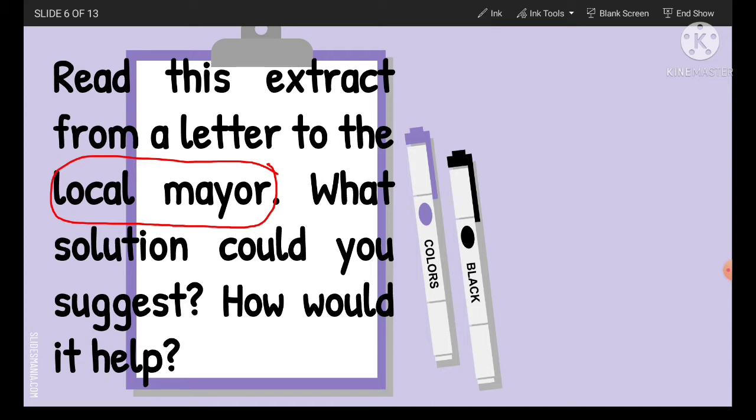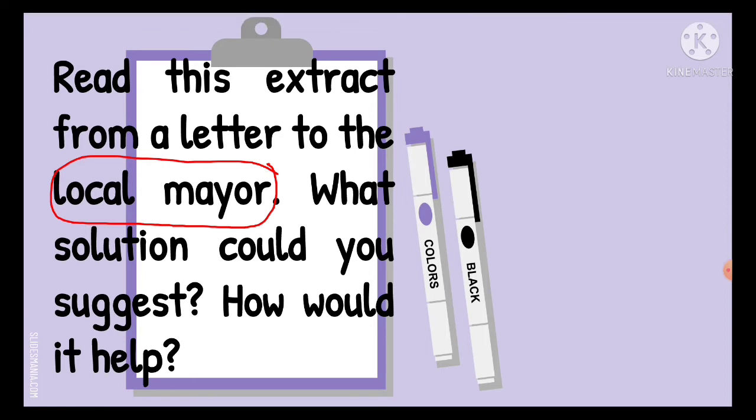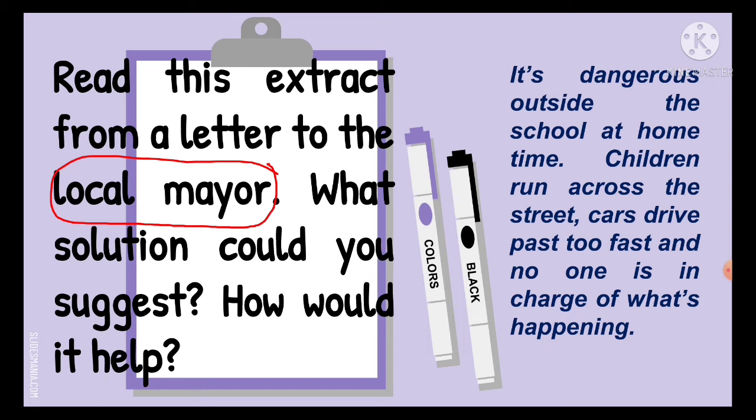So what are those questions or what are those extracts? The extract is, it is dangerous outside the school at home time. Children run across the street, cars drive past too fast, and no one is in charge of what is happening.